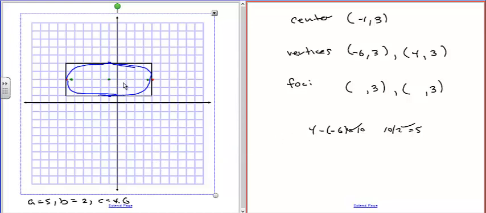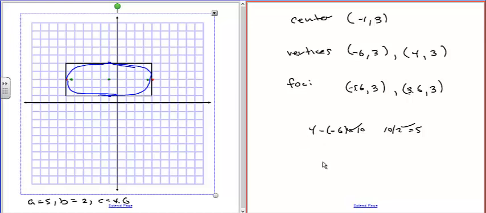And you know, the green point is just inside. It's 4.6. So if this goes all the way out to 4, then this is 3, then this should be 3.6. Likewise, if this is -1, -2, -3, -4, -5, this is going to be somewhere between -5 and -6, so it's going to be -5.6.